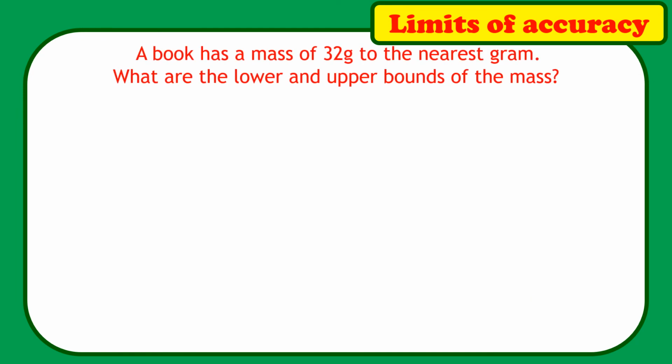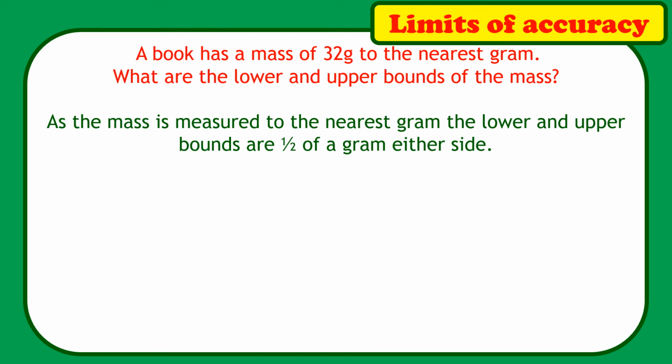So another example, if a book has a mass of 32 grams to the nearest gram, what are the lower and upper bounds of the mass? As the mass is measured to the nearest gram, we're going to halve that. So the lower and upper bounds, or the minimum and maximum values, are going to be half a gram either side of 32 grams.